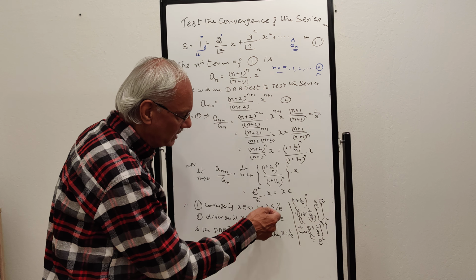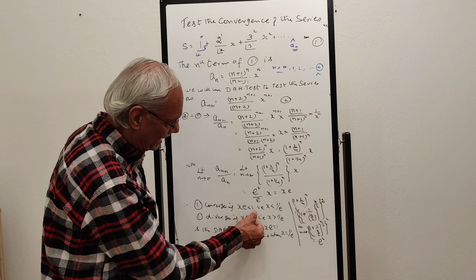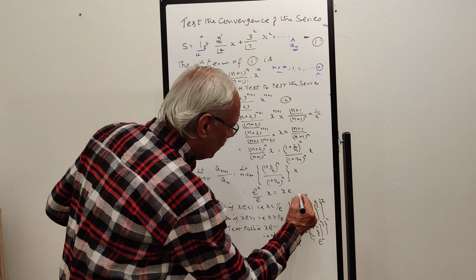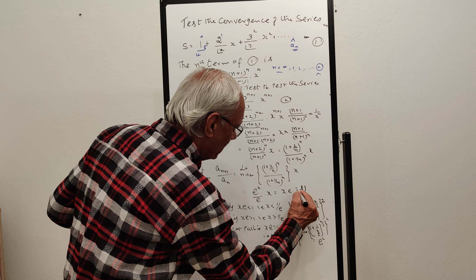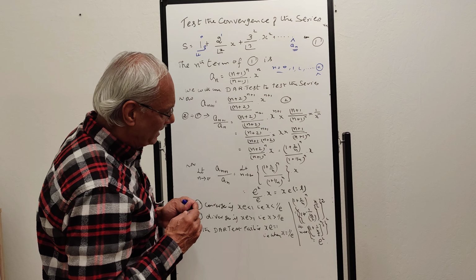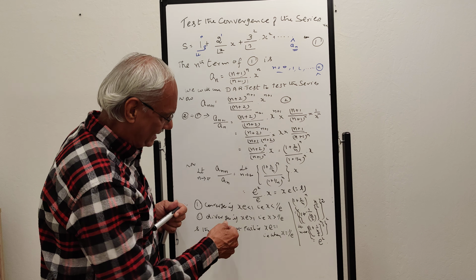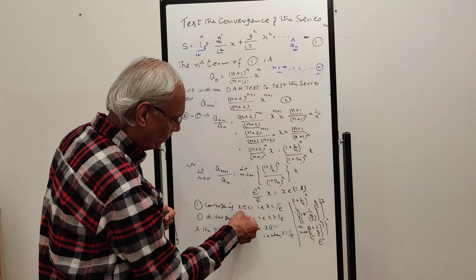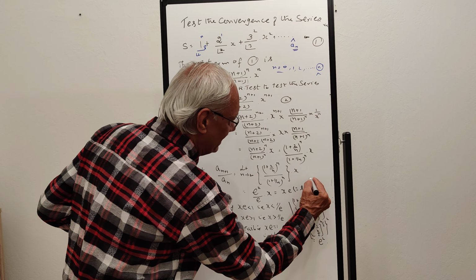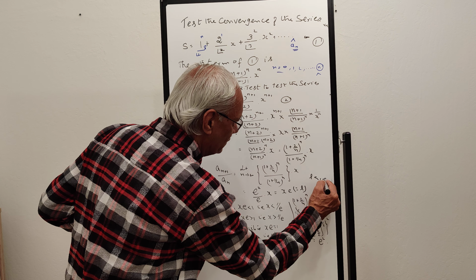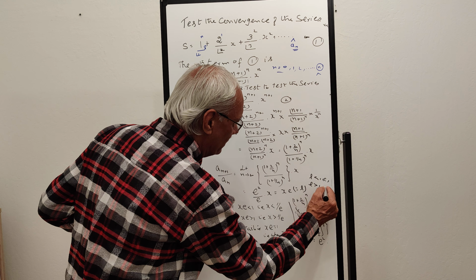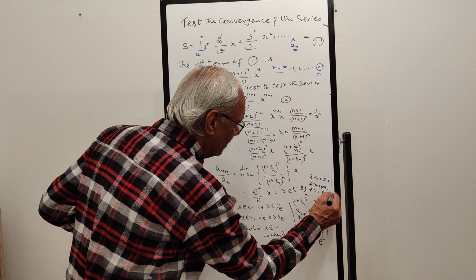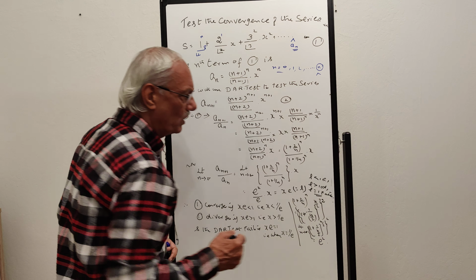And if it approaches a finite limit, let me call this L. If this L is less than 1, convergent. If L is greater than 1, divergent. If L equals 1, the test fails. What is that?